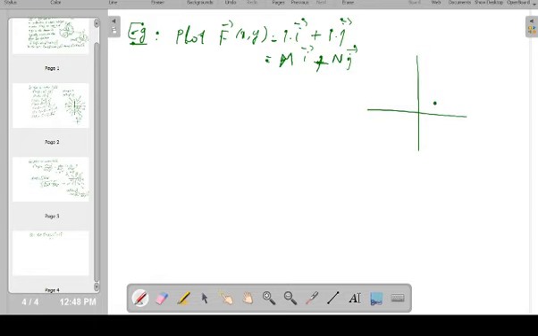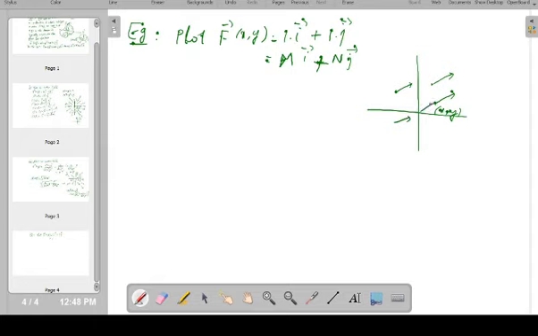So at this point, this is the point x comma y, you have to plot the vector 1 comma 1. What is the vector 1 comma 1? 1 comma 1 is this vector. So at this point plot this vector. At this point also you plot this vector. At this point also you plot this vector.